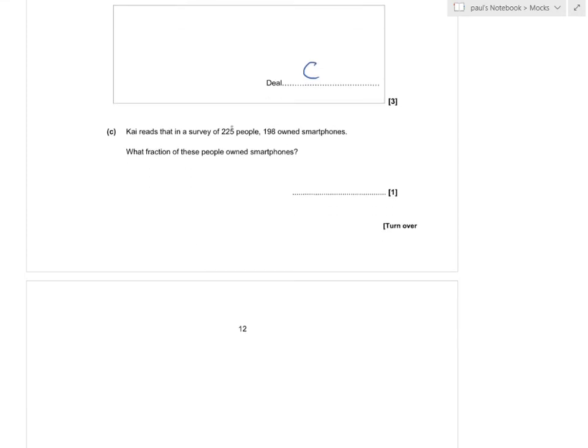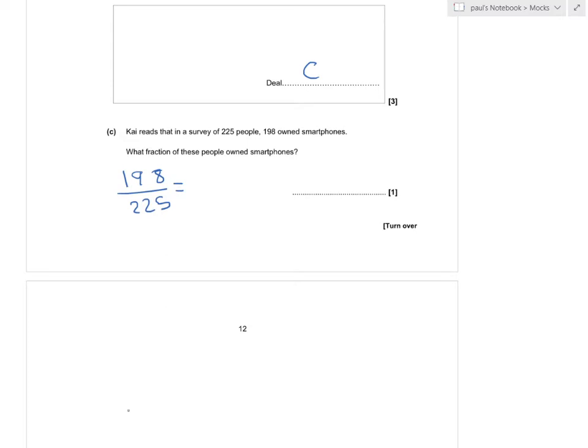Kai reads that in a survey of 225 people, 198 own smartphones. What fraction of these people own smartphones? Well, 198 out of 225. Can we divide that by something?